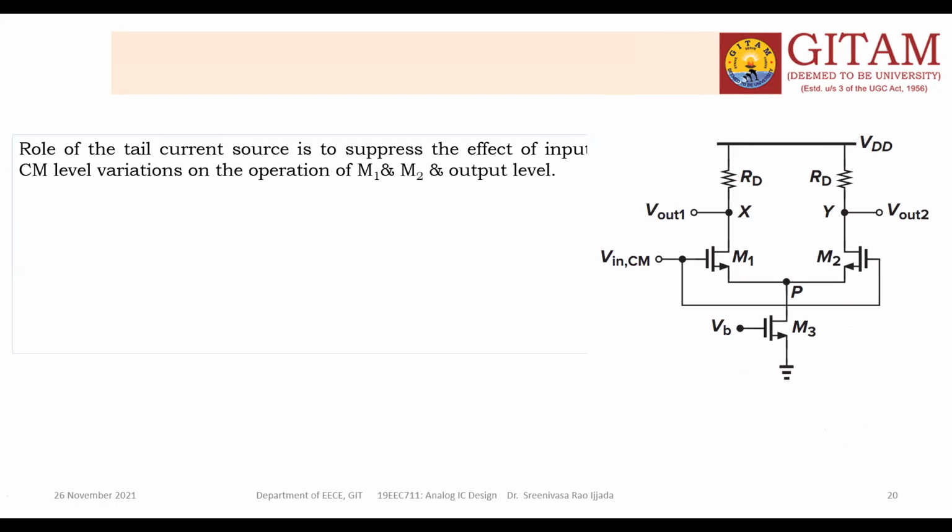The role of the tail is to suppress the effect of input common mode value variations on the operation of M1, M2 and the output. Here, the importance of this device is to suppress the effect of the input CM level on the operation of M1 and M2.